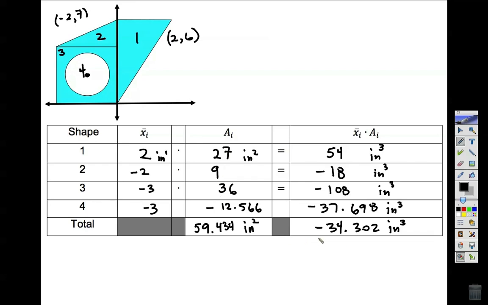Step 8, take this and divide it by that.